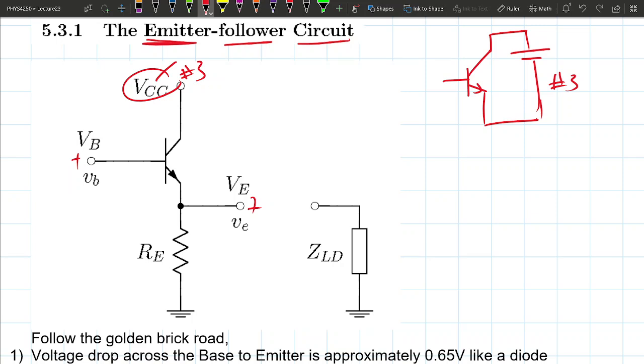The only difference is now we're going to move the resistor from there to the emitter, connecting it between the emitter and the ground. This is going to be our V in, and this is going to be our V out. The emitter voltage is going to be our V out, and the base voltage is going to be our V in, which is basically the sum of these two things.